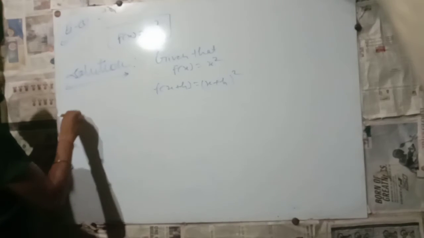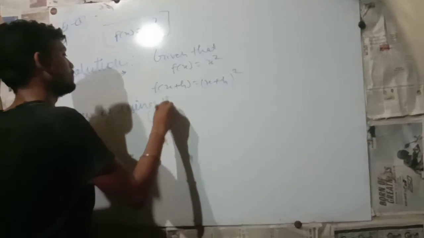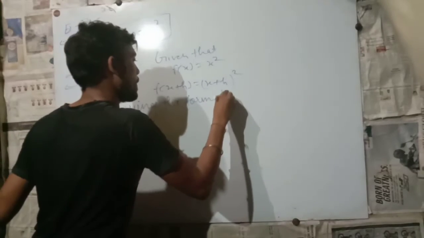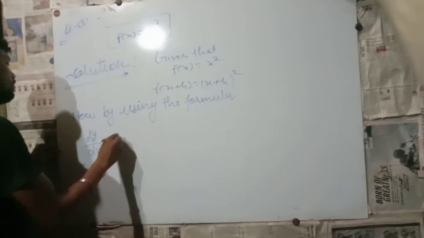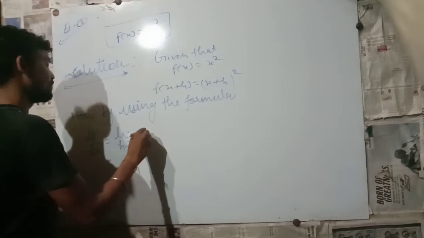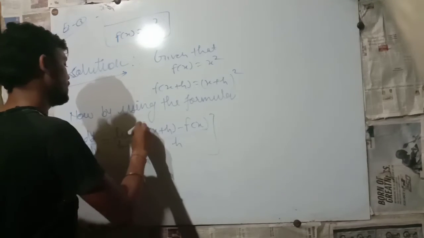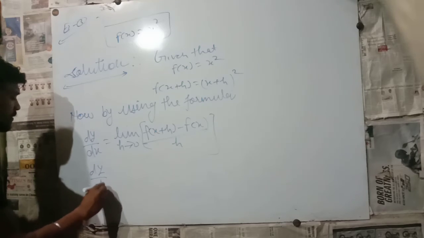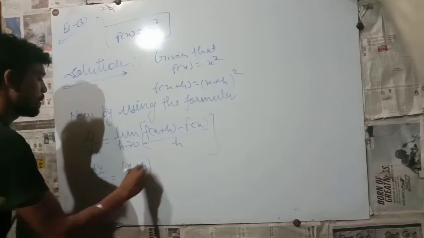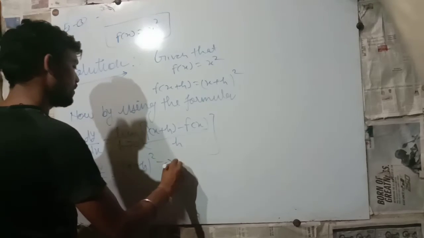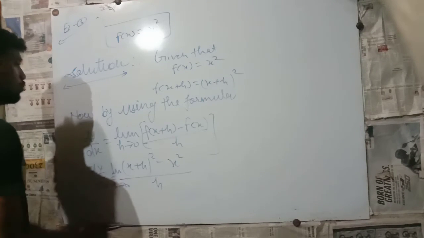Now, by using the formula, dy upon dx is equal to limit h tends to 0 of f of x plus h minus f of x upon h. Then dy upon dx is equal to limit h tends to 0 of x plus h whole square minus x square upon h.